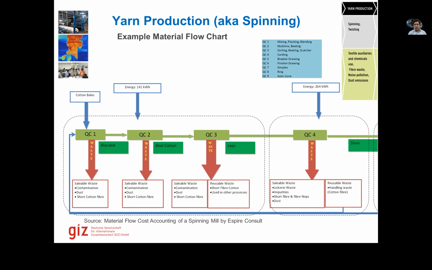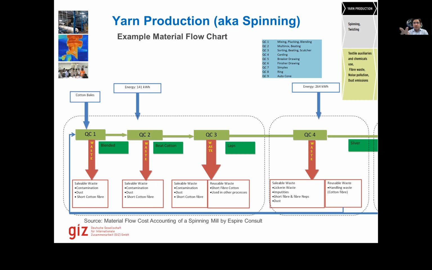So what do they pluck out of it? For example, if there are any cotton seeds in the bales, they pluck them out, or any impurities, any straws, any impurities that are coming from the field or from the baling process. And then we blend them together. So here we decide if we need to do blending or if we need to produce pure cotton.